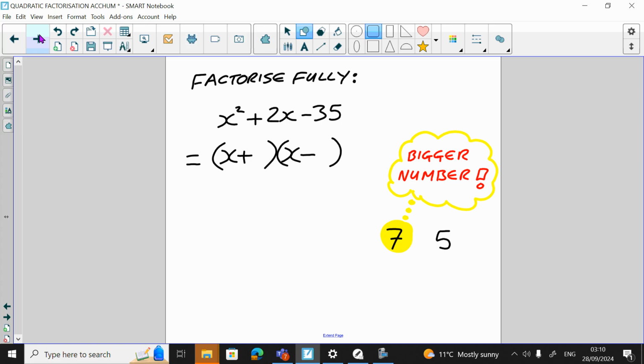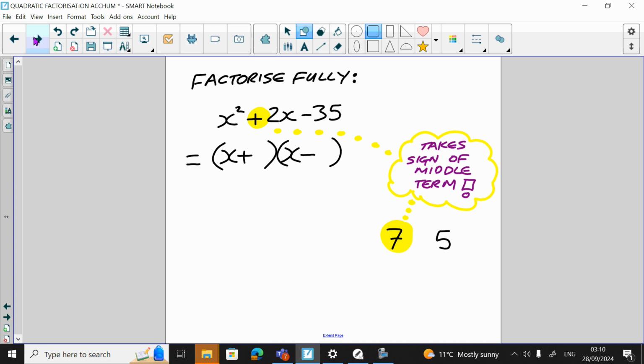That's the bigger number. It takes the sign of the middle term. Middle term, there.